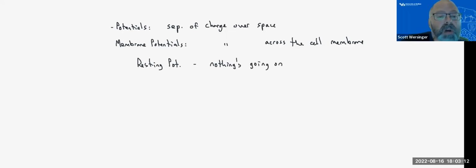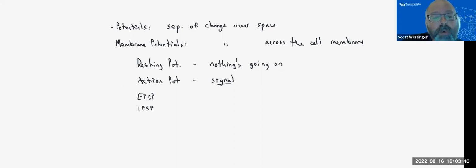We'll talk about the action potential. And this is a signal. This is the electrical signal that neurons use. We'll also maybe talk about EPSPs and IPSPs. More likely, we'll talk about those next time.